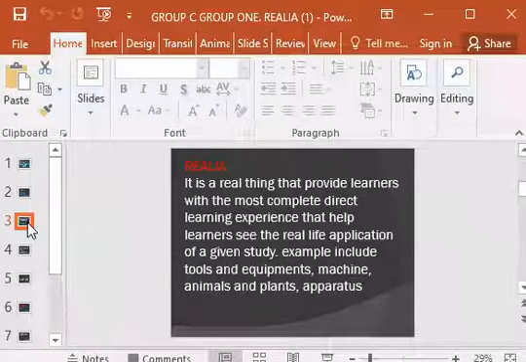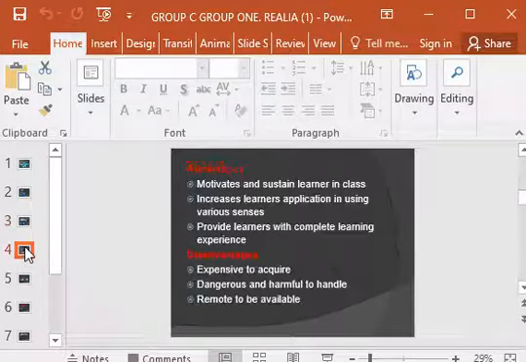A Realia is a real thing that provides learners with the most complete direct learning experience that helps learners see the real-life application of a given study. Examples include tools and equipment, machines, animals and plants, apparatus in the labs, etc.